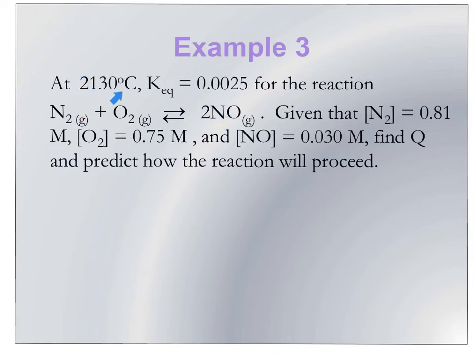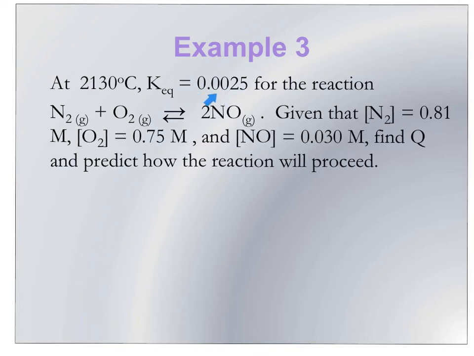Now, why is it significant that they give us the temperature? We don't actually have to use this temperature in any of the calculations, but K changes when the temperature changes. It's only a constant at a given temperature. So whenever they give you the value for K, they have to tell you what temperature this is for, because temperature actually affects the value of K.